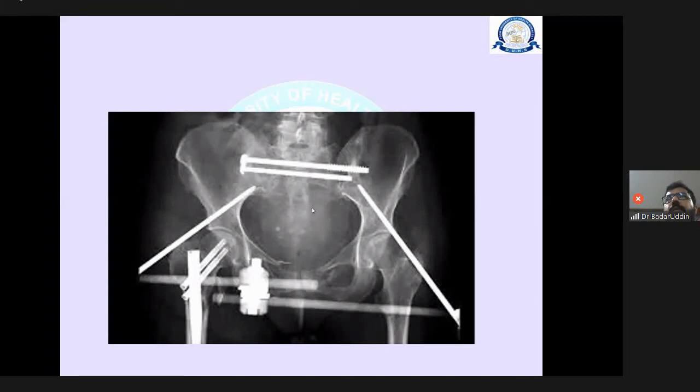So there are basically 6 methods of managing the bleeding in the pelvis. Number 1, large-bore IV cannula and resuscitate. Number 2, apply the binder. Number 3, apply the fixator anteriorly and posteriorly. Number 4, you can apply pelvic packing. And number 5, angioembolization. There are 6 methods to stop the bleeding in pelvic fractures.